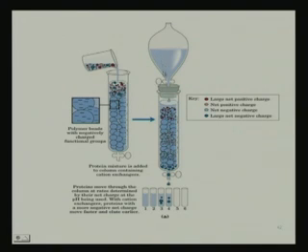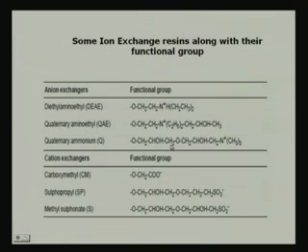When we start this elution, the targeted proteins which are on the bed start coming out from this column, and this is the basic principle of separation.